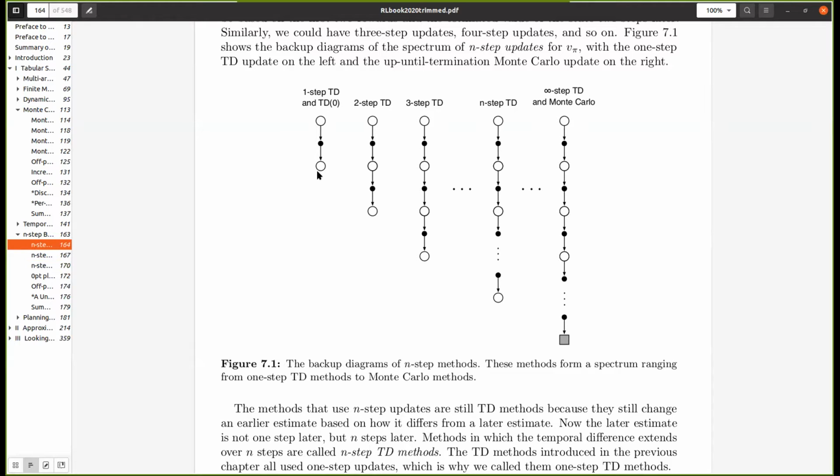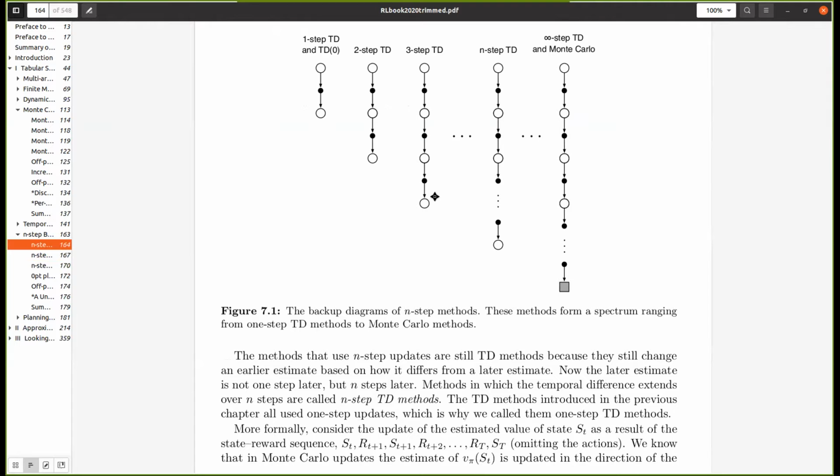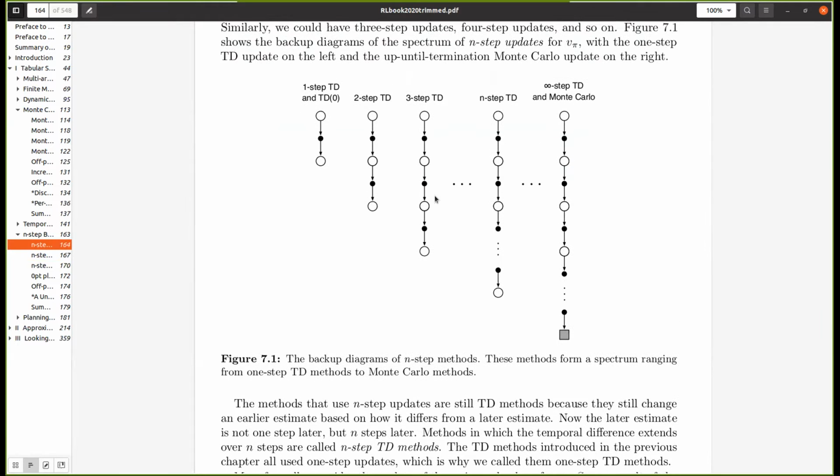We are looking only one step ahead. What we can do is something intermediate: take an arbitrary number of steps and use that number of steps to bootstrap our state or action or whatever value function.